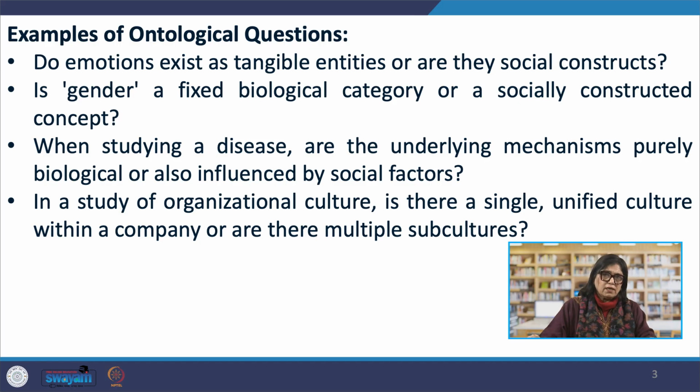When studying a disease, are the underlying mechanisms purely biological or also influenced by social factors? Because we have several researchers on, pandemic. In a study of organizational culture, is there a single unified culture within a company, or are there multiple subcultures?